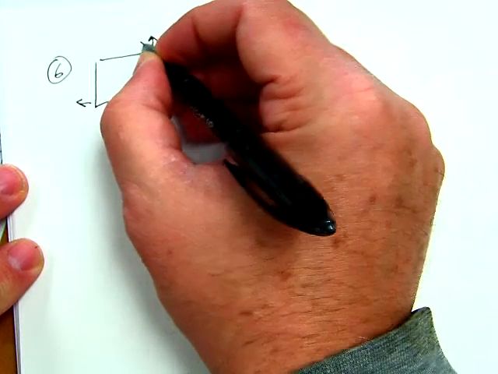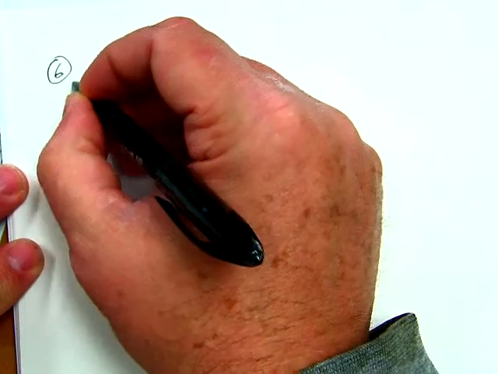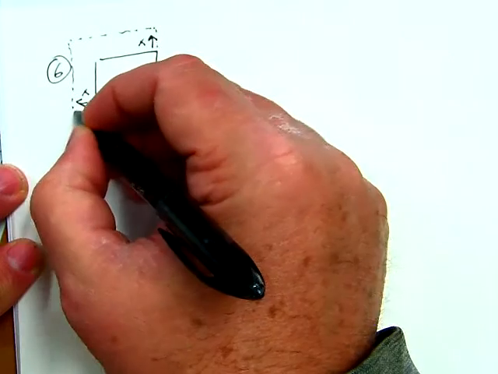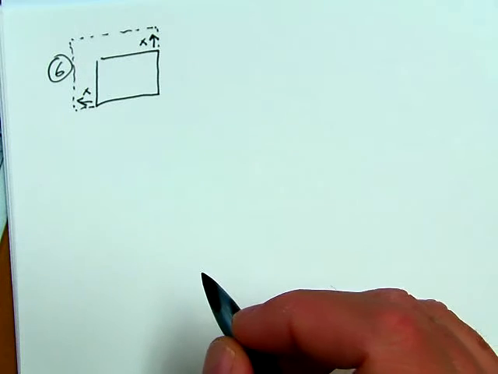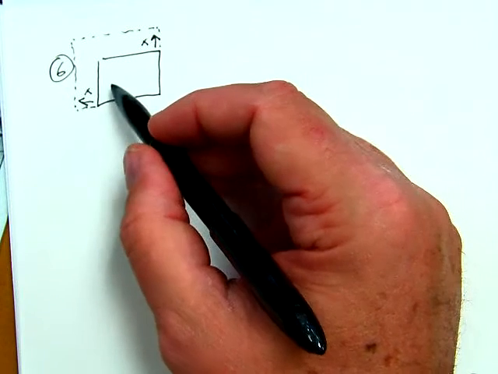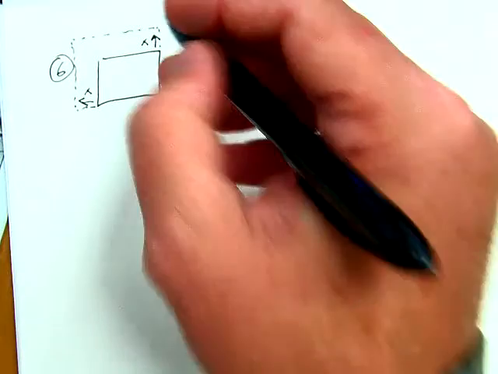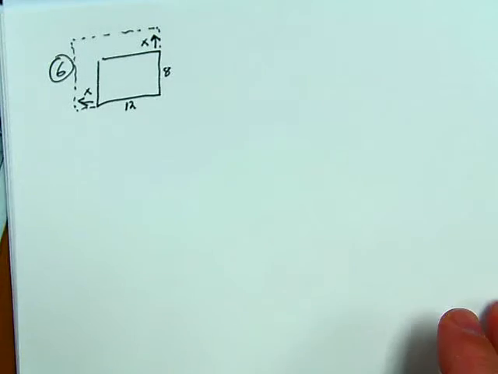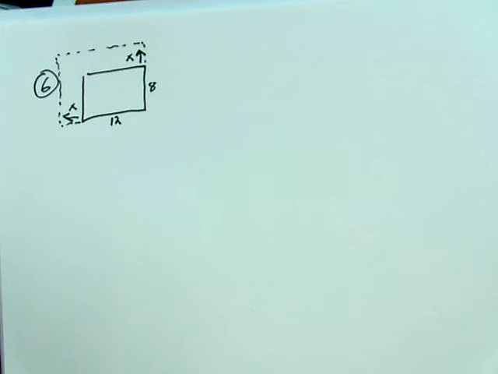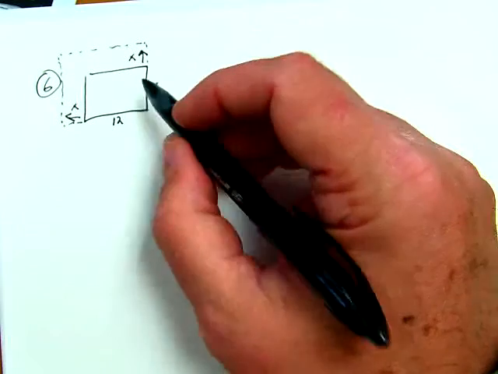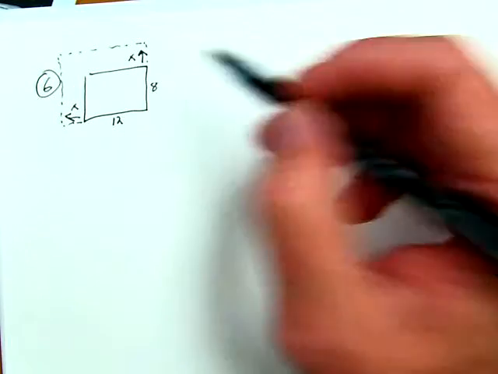So we're going to call that x. I'm going to end up with a new picture that big, but I want the new area of my picture to be twice as big as the old area. I know that the old picture is 8 by 12. So basically, from that logic, I have to figure out what is my equation for x. How big do I have to make x in order to double the size of the picture?